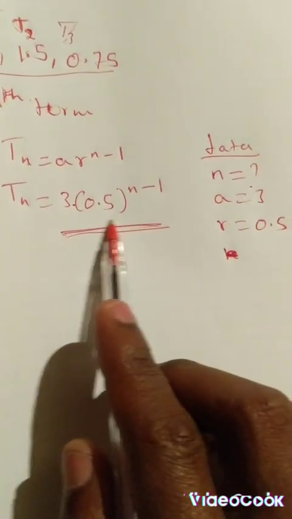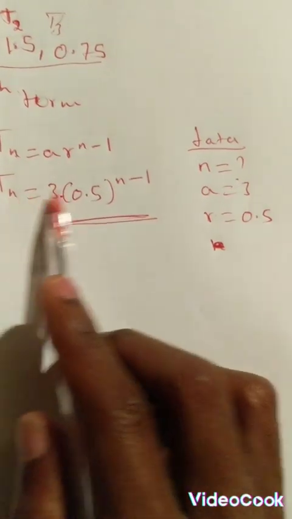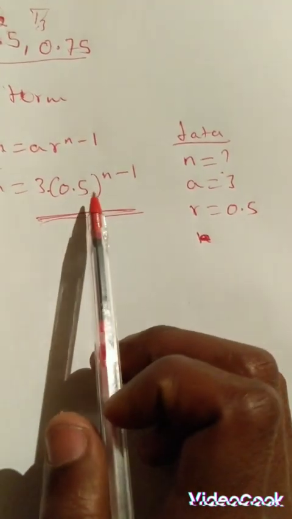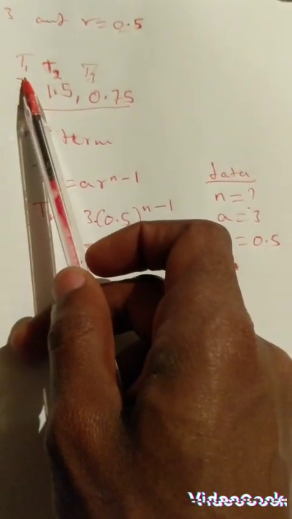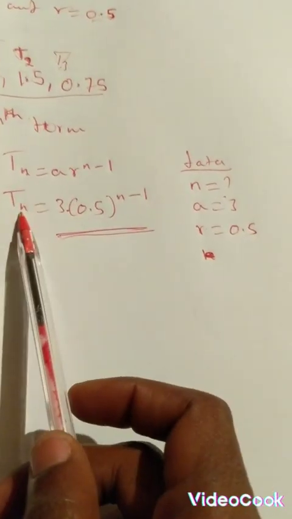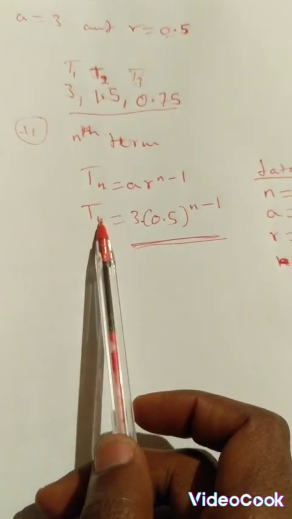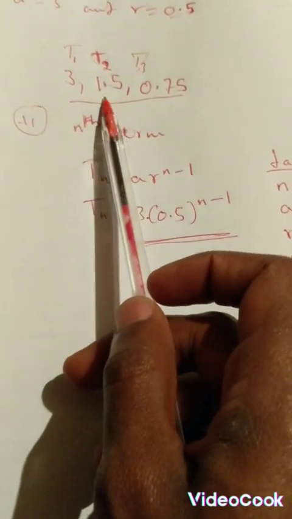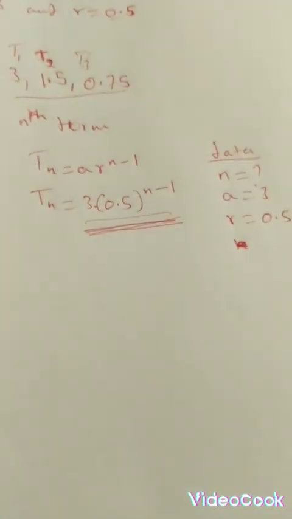If you put 1 on the n, you're going to find that term 1 will be 3. When you put 2, you're going to find that term 2 will be 1.5.